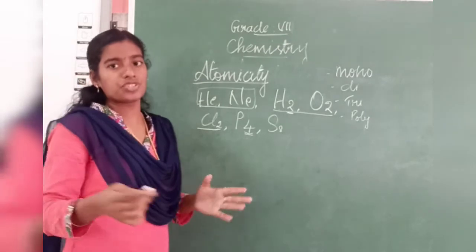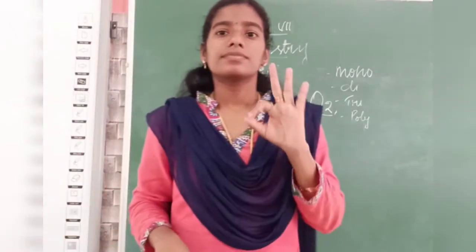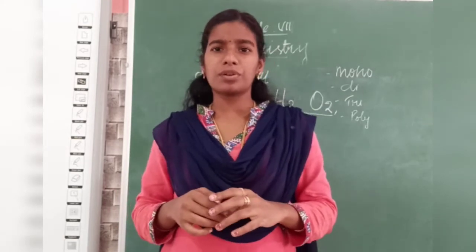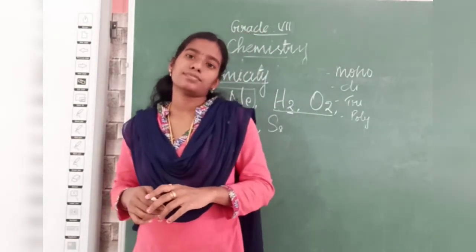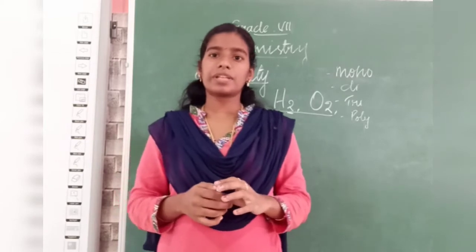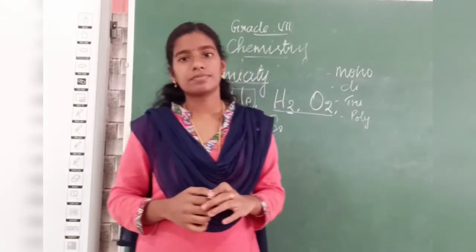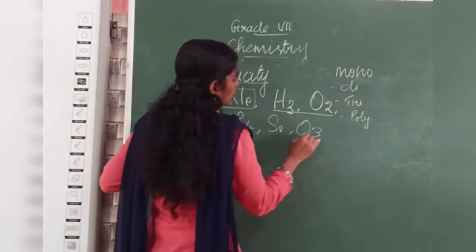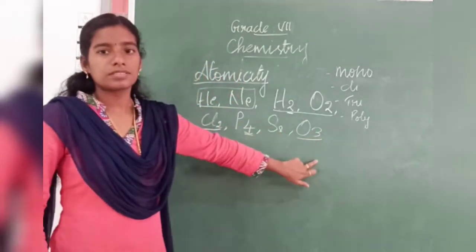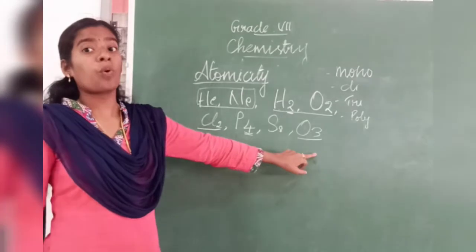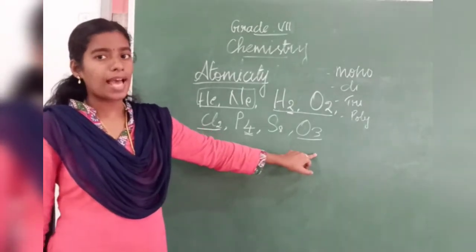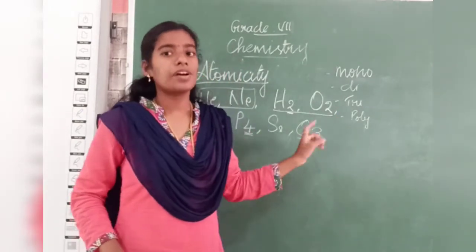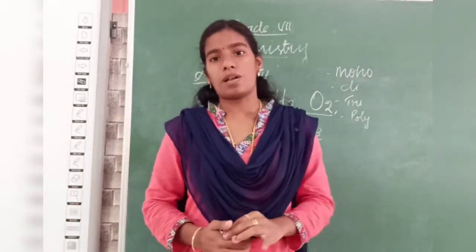Then triatomic. Tri means 3. How many of you know an example for a triatomic molecule? Can anyone say an example? Yeah, very good. Ozone. Ozone has 3 oxygen atoms. It is a triatomic molecule.